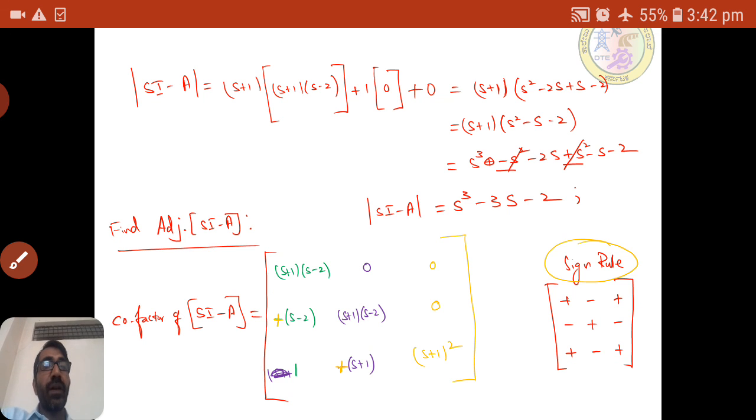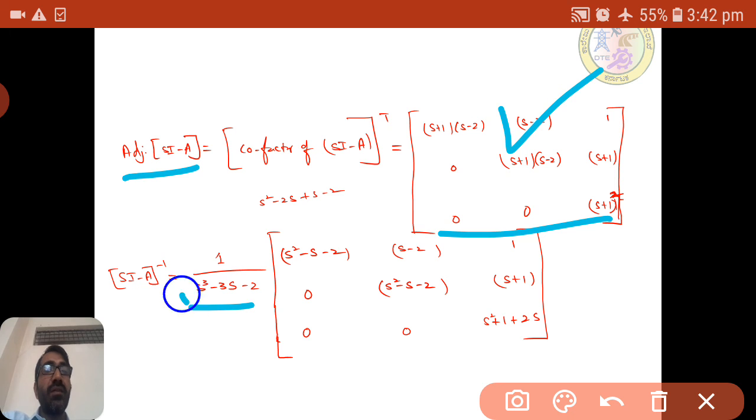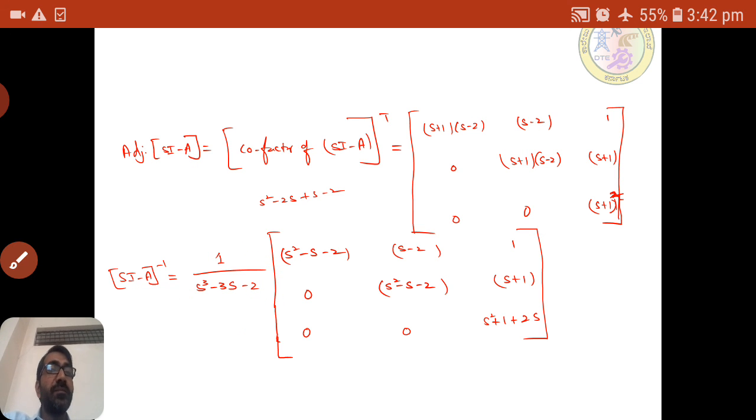Once you find the cofactor of sI minus A, take the transpose of that. Then, to make the inverse, the adjoint of sI minus A is divided by the determinant, which you have already calculated, so we give 1 by determinant here.